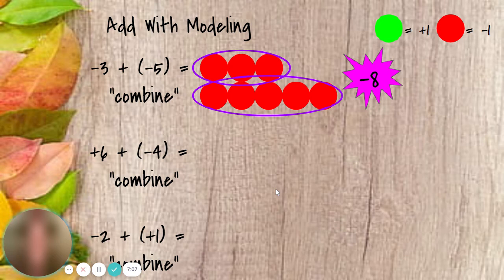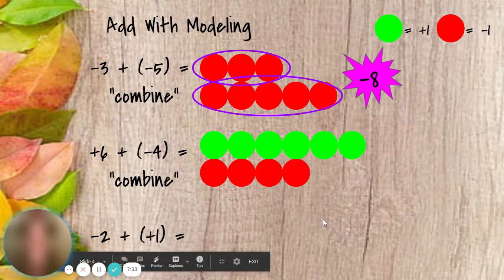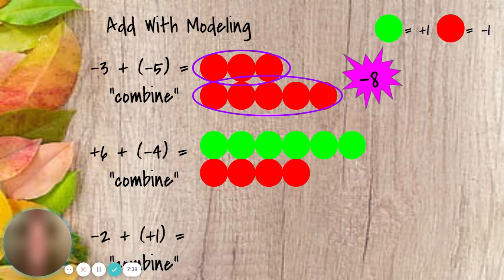Okay, down here on the second one, I have +6 plus a -4. This time I'm going to use green for my +6. I'm going to use 6 green circles. And then I have 4 negatives, -4, so I'm going to use 4 red circles. Now this one's going to be different than the first one because I have negatives and positives.